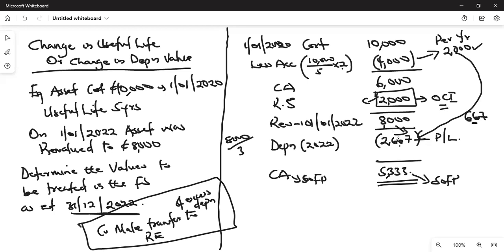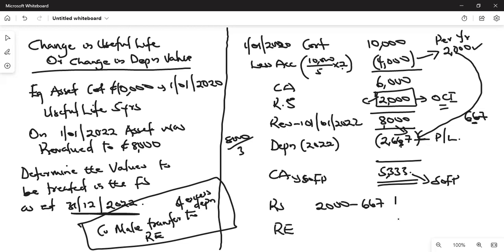Now, the difference, which is the 667, we need to reduce the seeming profit that we have had by the difference. If the company says they make the transfer, please emphasis, if you see it in the question. If you don't see it in the question, don't go and do it. The money in the revaluation surplus, which is 2,000, has to be reduced by this 667, and that 667 will go to retained earnings.